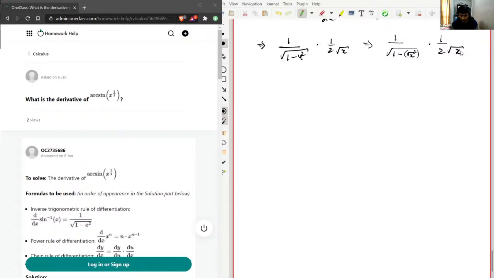I'll just multiply the square root of x with this one, so 2 times square root of x will go here.